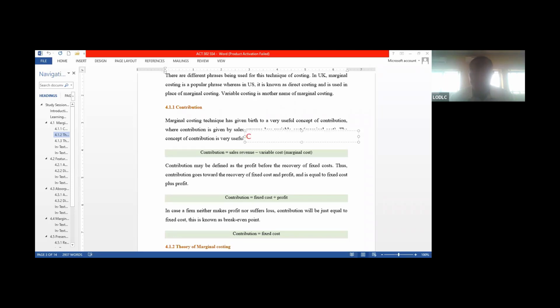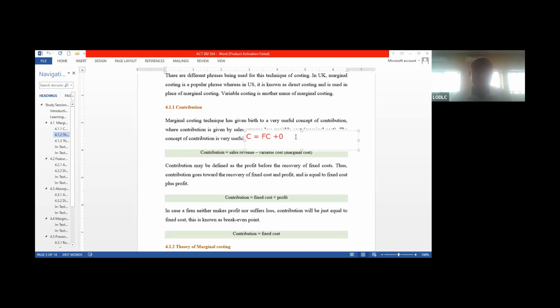We have C for contribution, which is equal to fixed cost plus profit. So here we have P, which is our profit, equal to 0, because the business is not making any profit nor loss. So it's a break even. When we have 0 here, automatically our contribution is equal to our fixed cost. Do you understand?